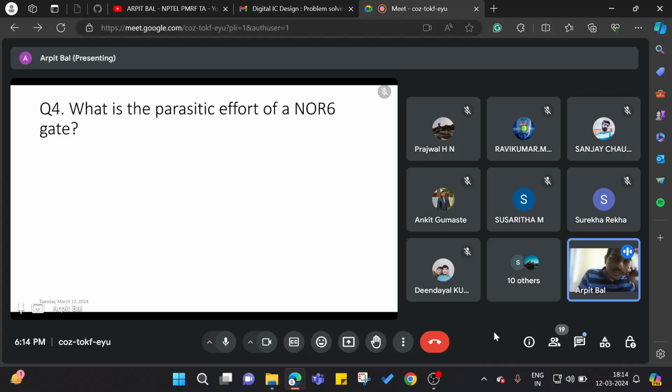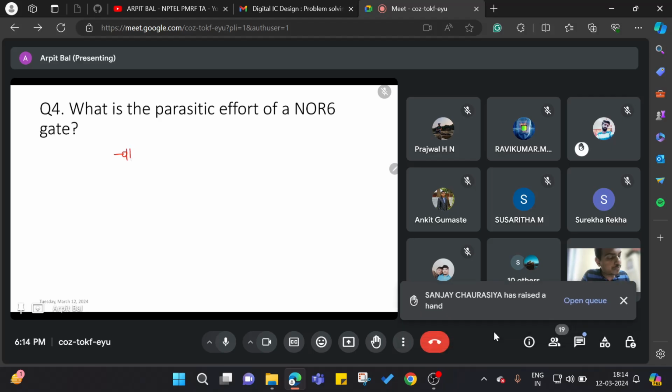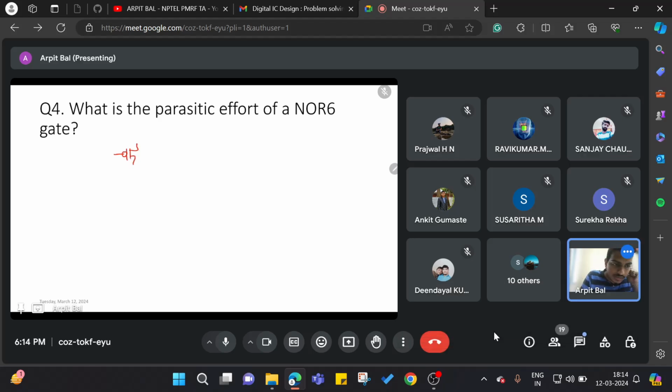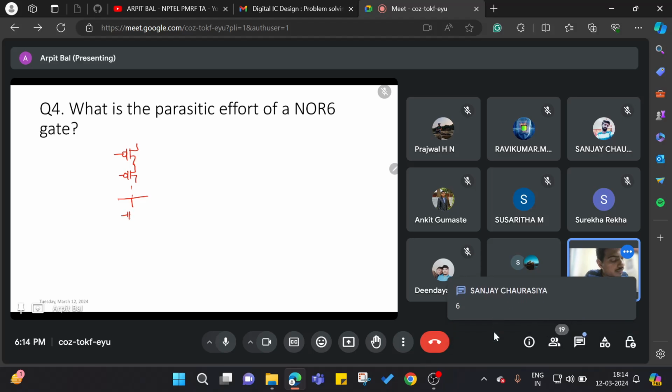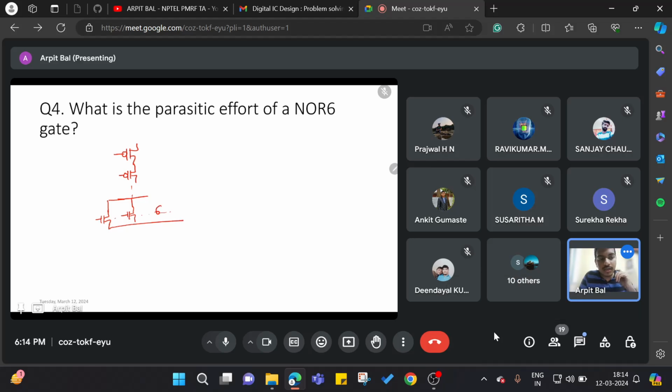Yeah, so what is the parasitic effort of a NOR 6 gate? 6. Yeah. Okay, so this is our NOR 6 gate, and then we will have six NMOS in parallel.